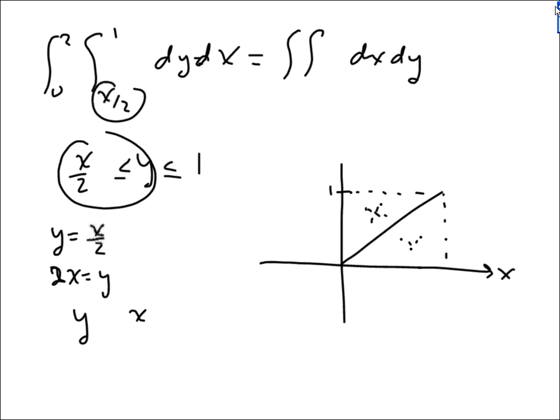The arrow is pointing to the x over 2. It should always do that. y is bigger than x over 2. That's this area up here. That's the area that we are integrating over.